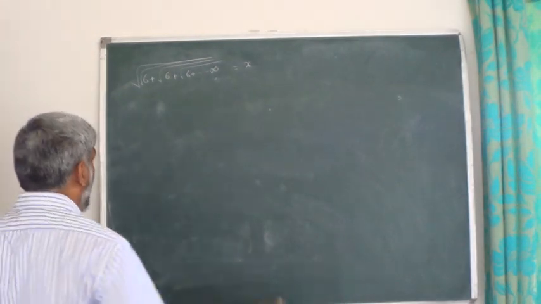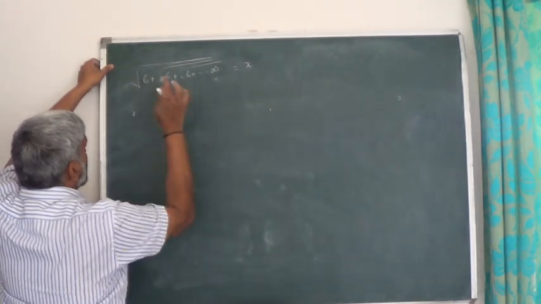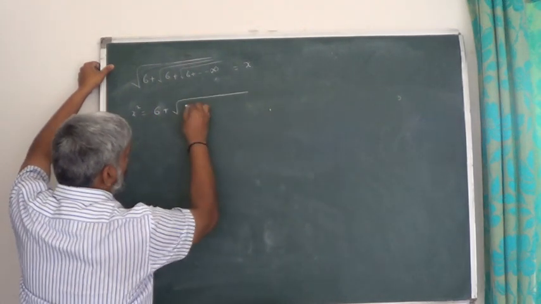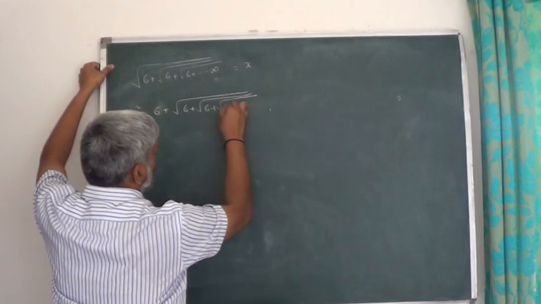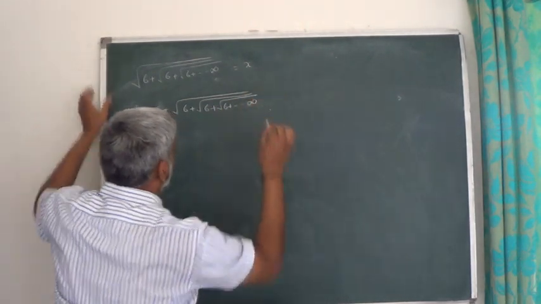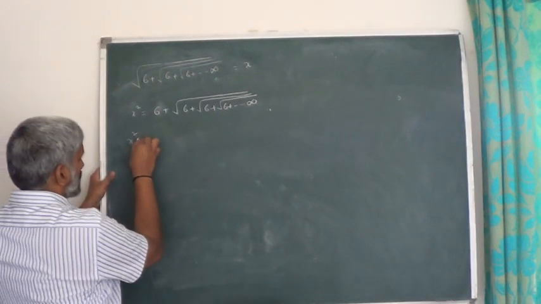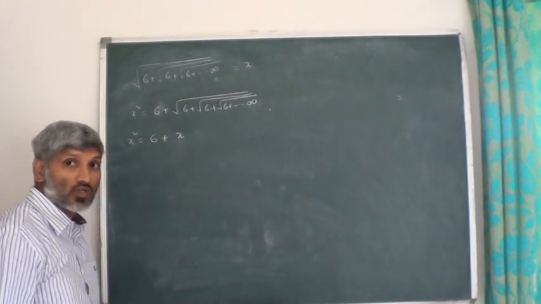Squaring on both sides, what happens? x square is equal to 6 plus root 6 plus root 6 plus root 6 plus and so on up to infinity. Right? Now we can write this one as x square is equal to 6 plus x, this is again the given question.